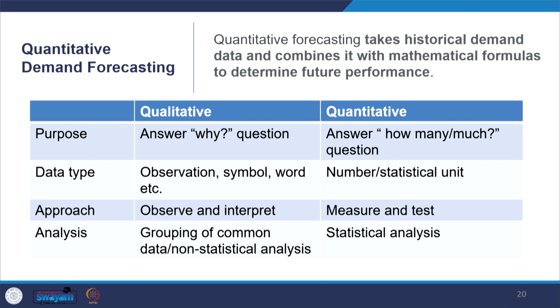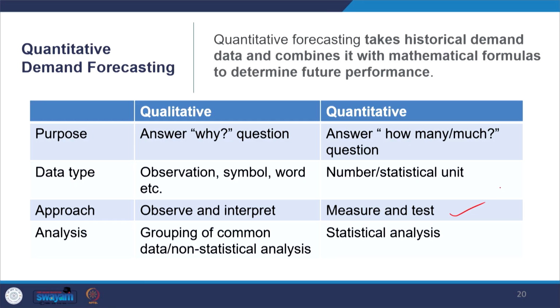In terms of approach, qualitative methods use an observational approach. So, you observe and interpret. How do people buy, when do they buy, what time of the year they buy, is it affected by season, is it cyclical in nature. All these questions you observe and try to interpret.